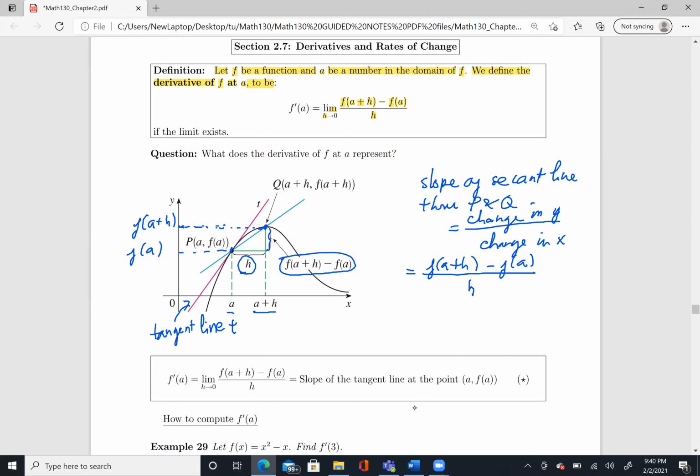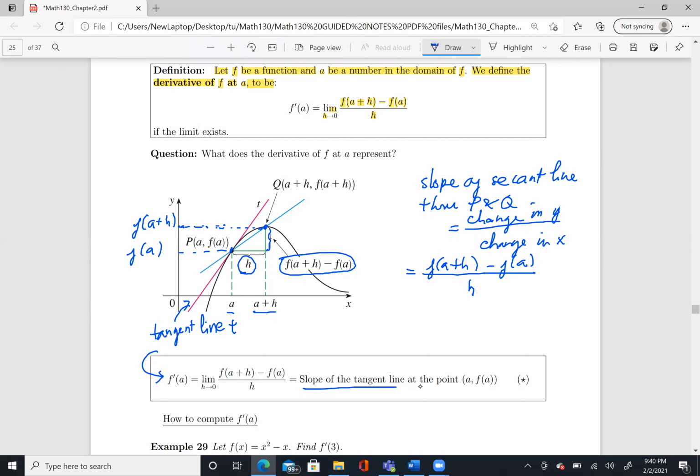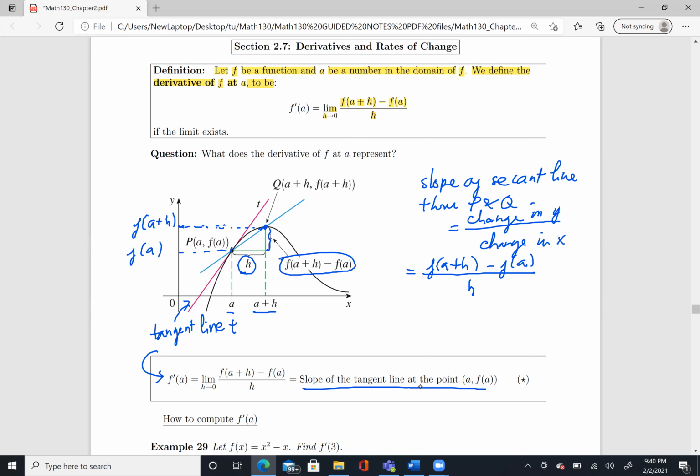We're going to take the derivative of f at a to get the slope of this tangent line. We think about the case where h approaches 0, and P and Q go closer and closer to each other.